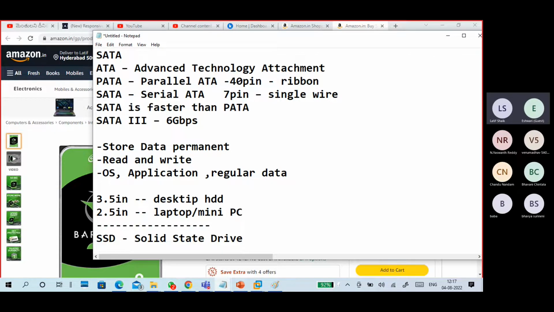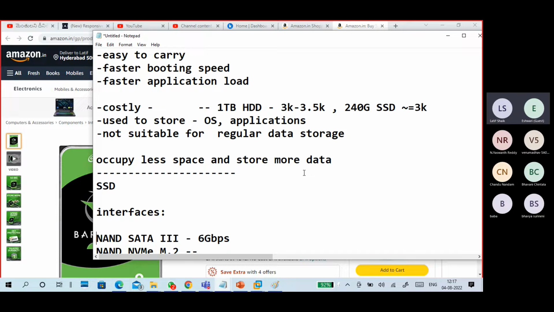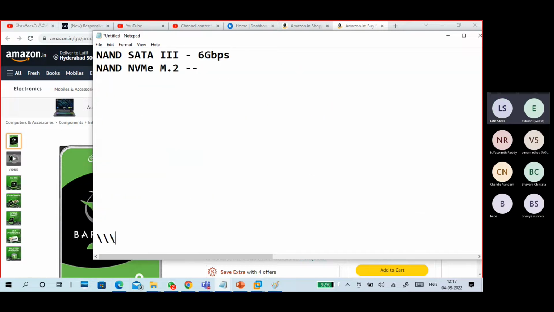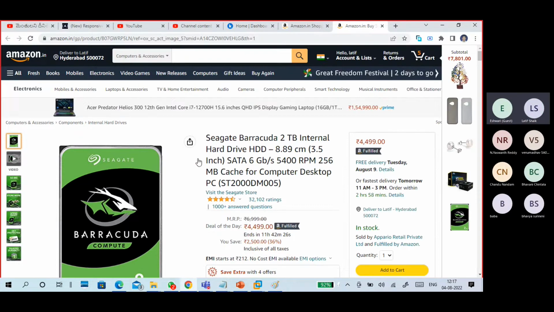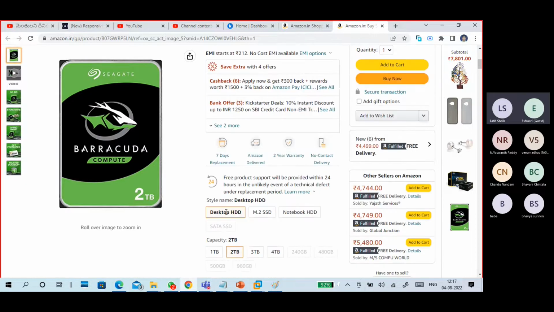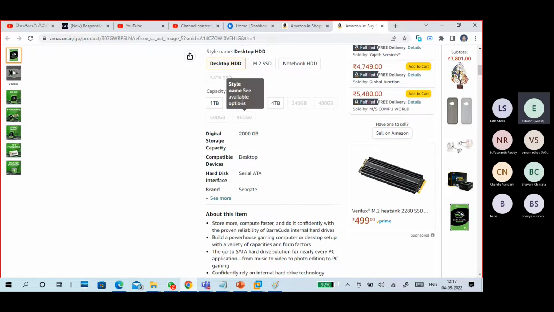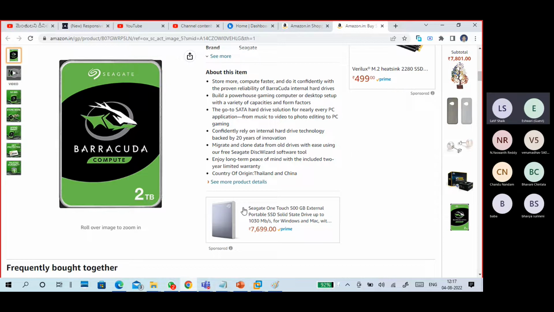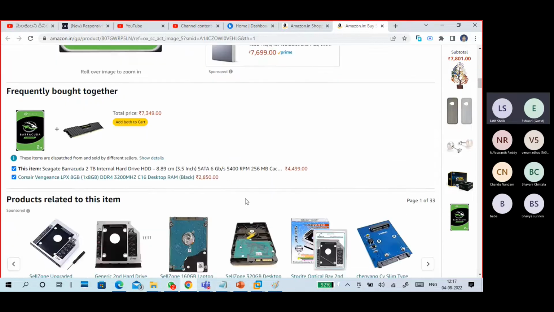One more I forgot, that is eMMC. The cost for 2 terabyte is 4,499. So a little less cost. So a 2 terabyte hard disk is like that.